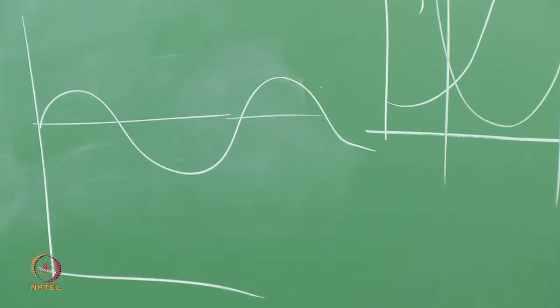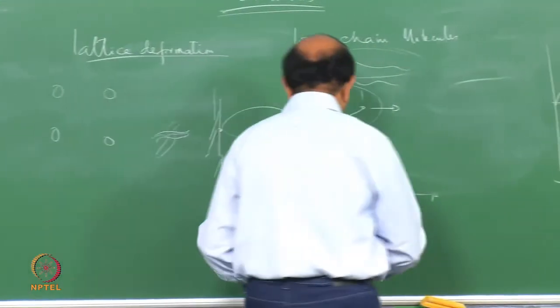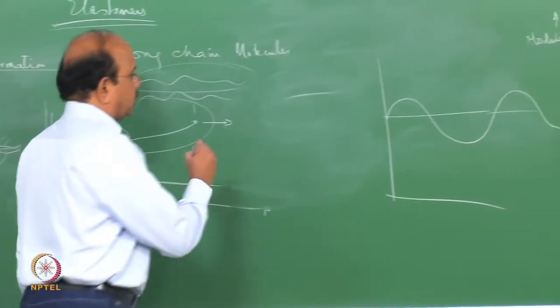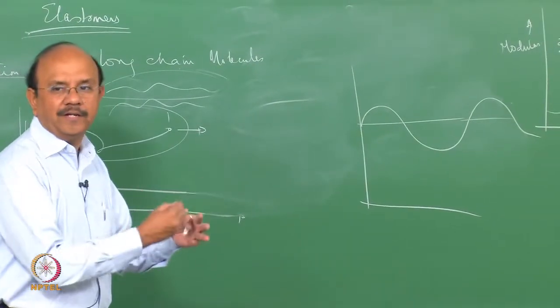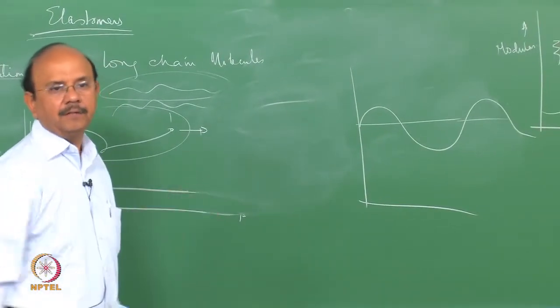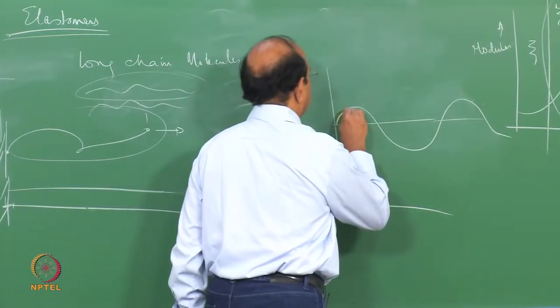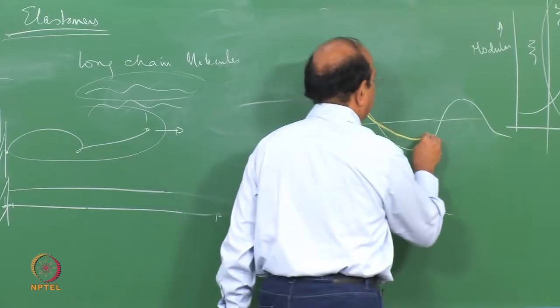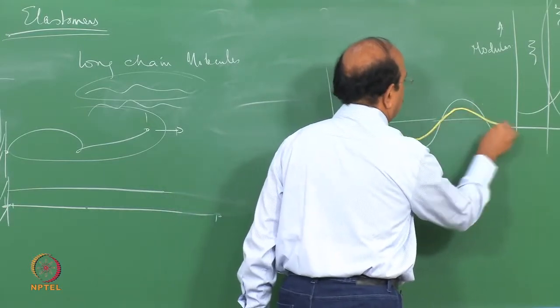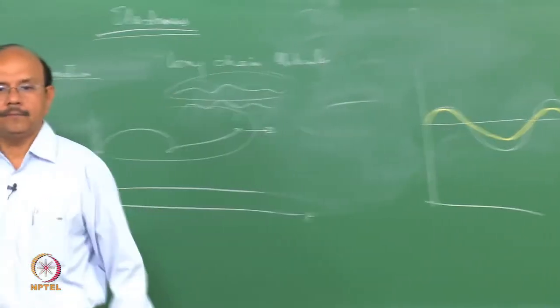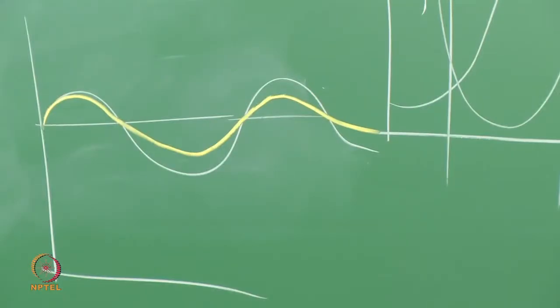Okay, then the strains do not follow the stress. In other words, if it were an elastic material like steel, the strains would follow with the ratio being the Young's modulus.